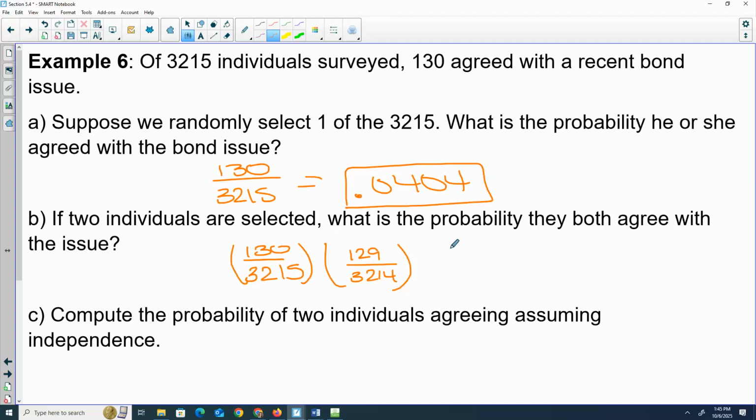I am picking someone new. So we get 0.0016.